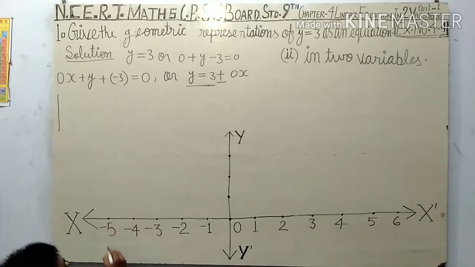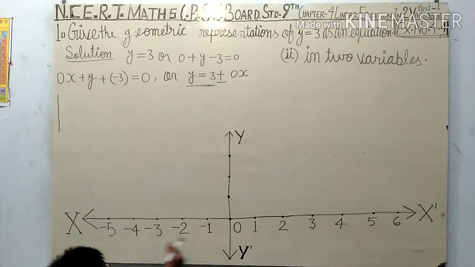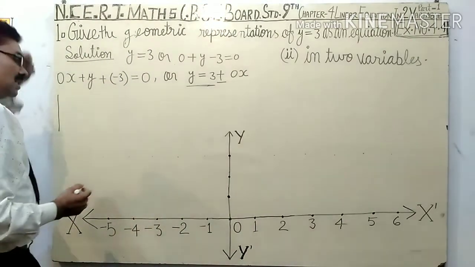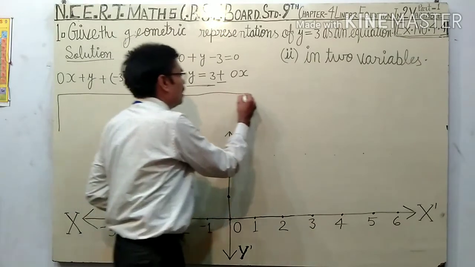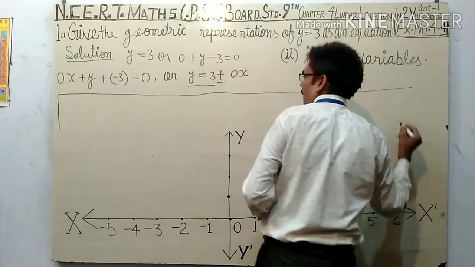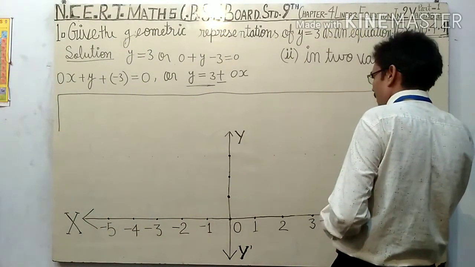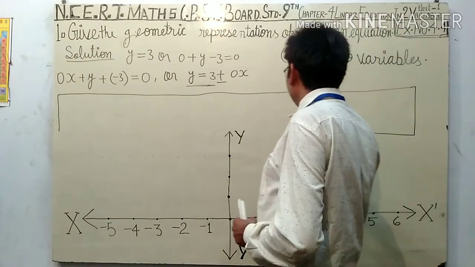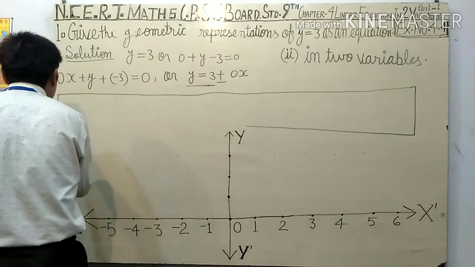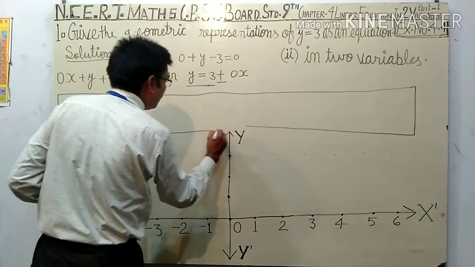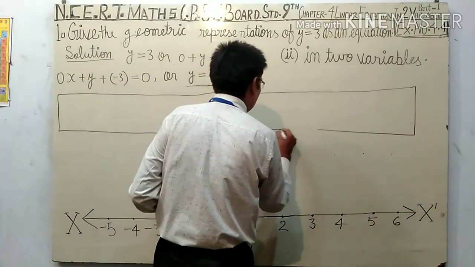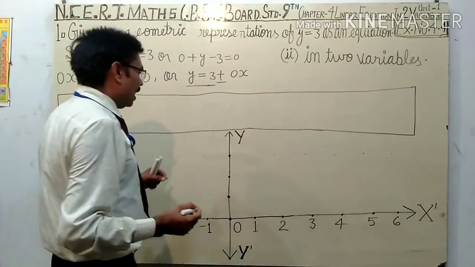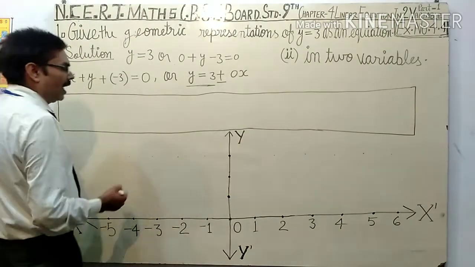So students, start from minus 5 up to 6. We will take several values of x so that you may understand, no matter what value we get for x, the value of y will never be affected, and the line representing the graph of equation y equal 3 will always lie parallel to the x-axis.